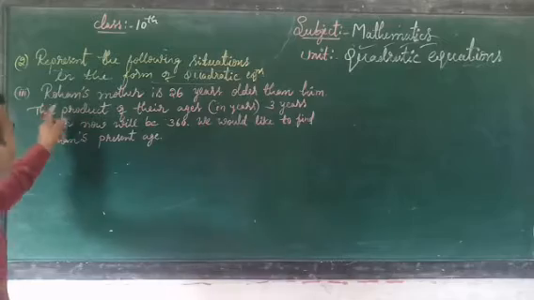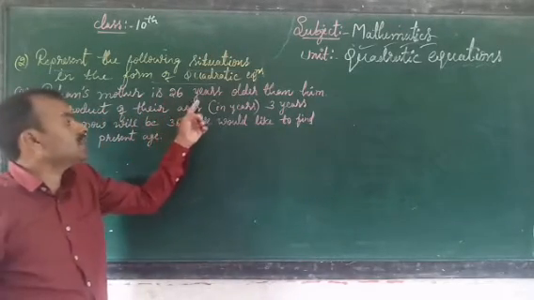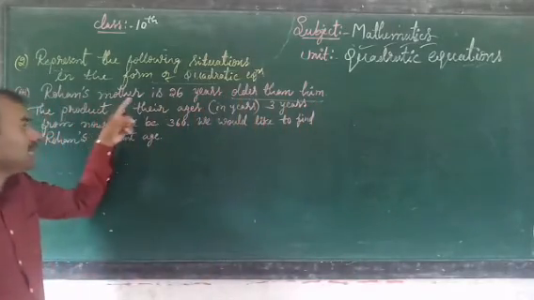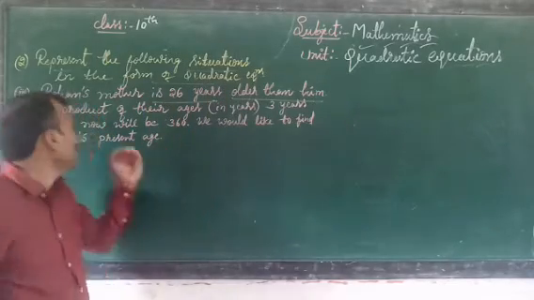Now take the third one. Rohan's mother is 26 years older than him.